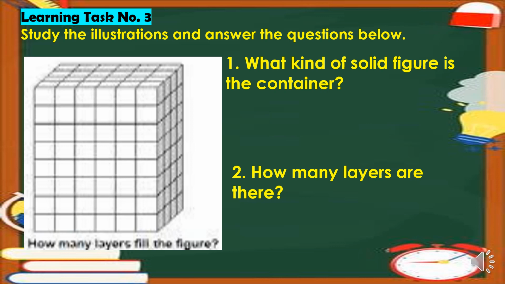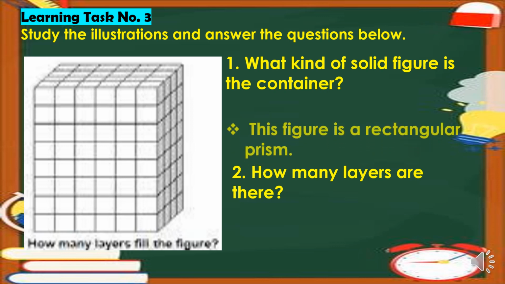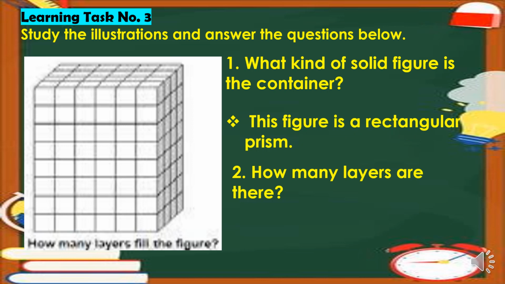So let us answer the following questions. For number 1, what kind of solid figure is the container? This figure is a rectangular prism. And for number 2, how many layers are there? This figure has 8 layers.